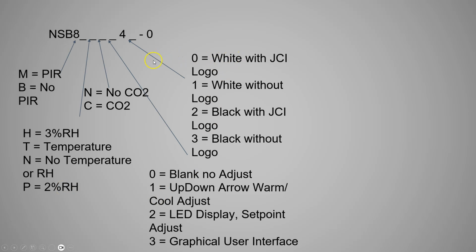Then over here is where the 300, 200, 100 come into play, or the 0 right here. That's where I got those numbers from. And right here, you can get it with or without a logo. Black is discontinued. This is a little bit older. They used to come in black and white. Now all you can get is white again.